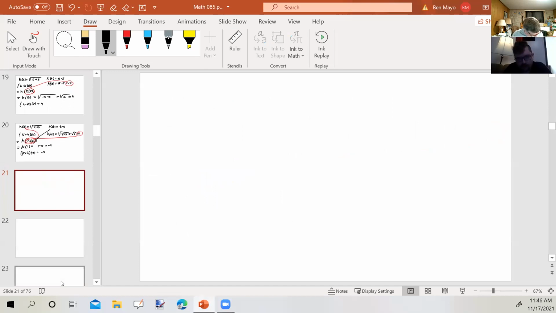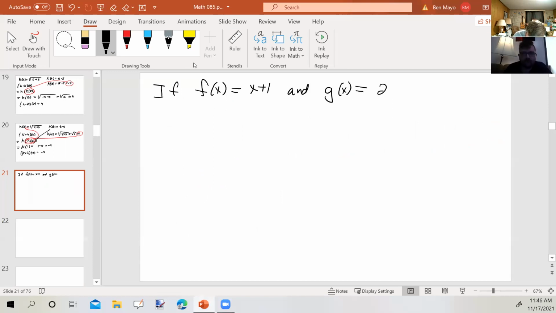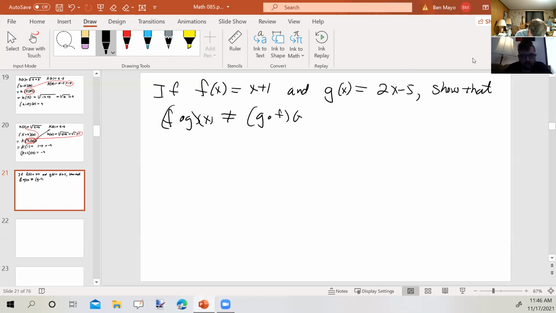This says, if f of x equals x plus 1 and g of x equals 2x minus 5, show that f composed with g of x does not equal g composed with f of x.